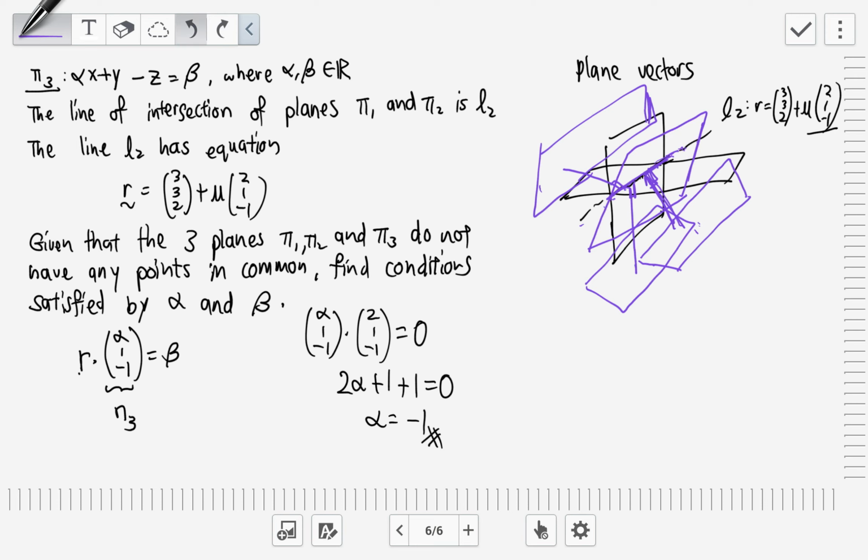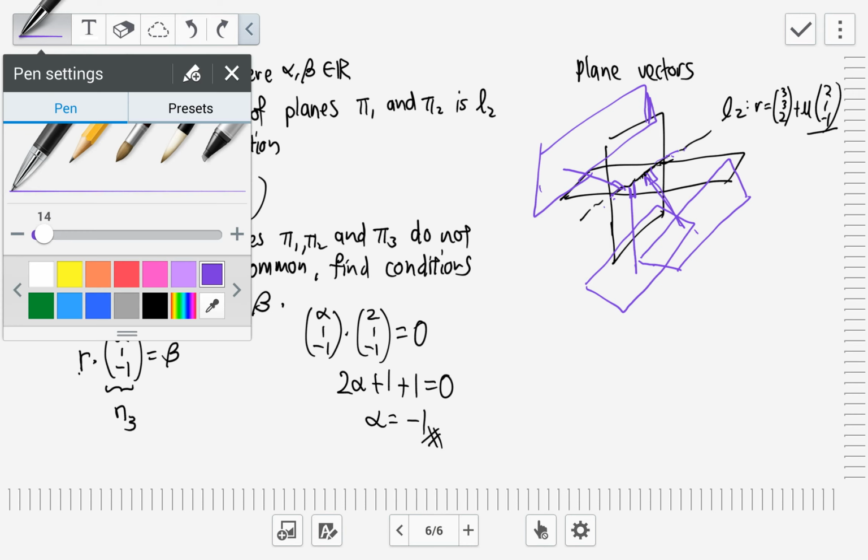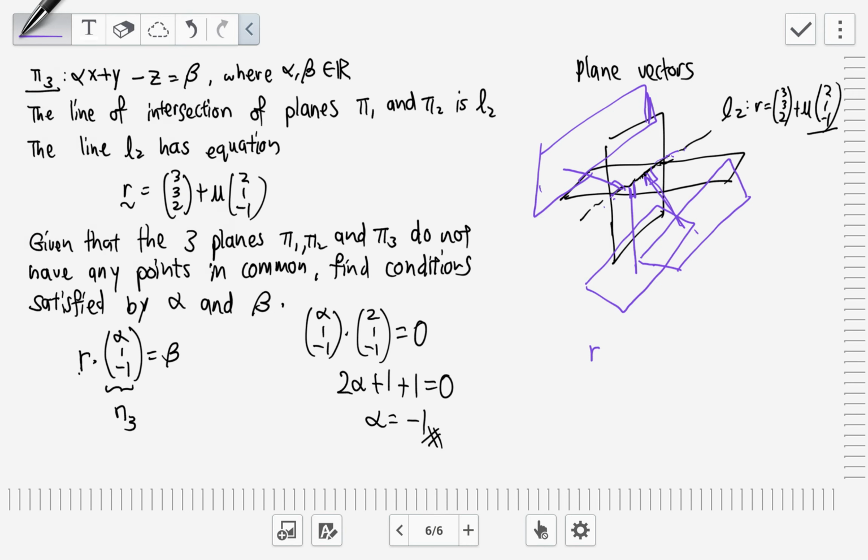So what we do is substitute the line equation into the equation of the third plane. It must not satisfy this equation.